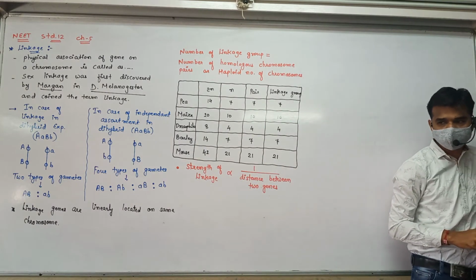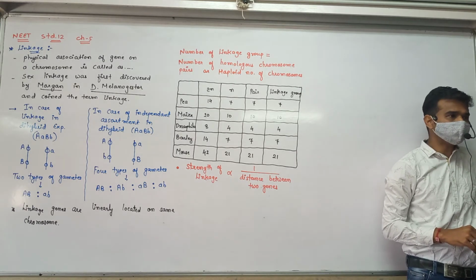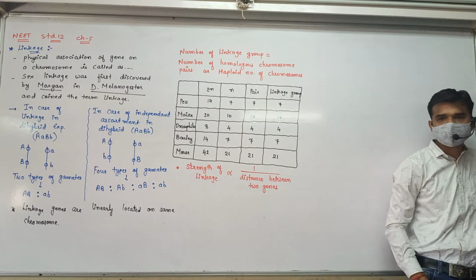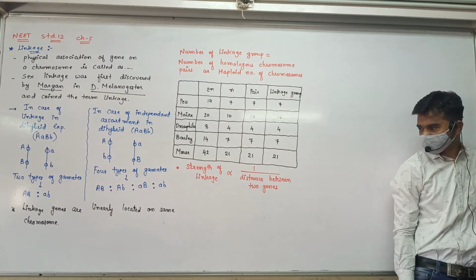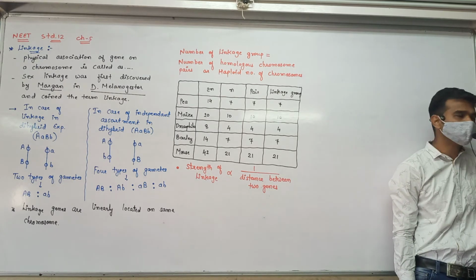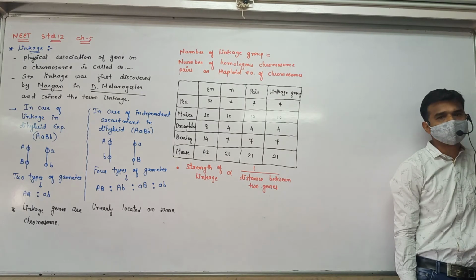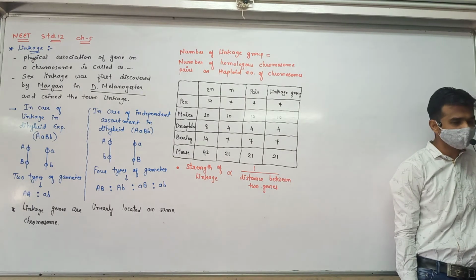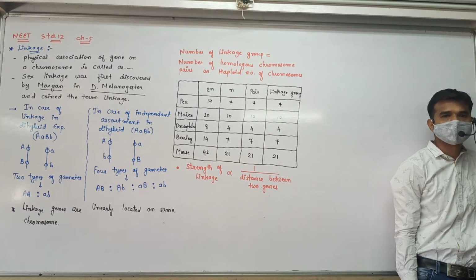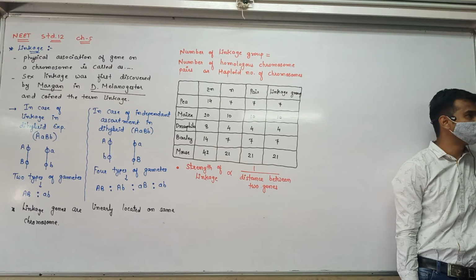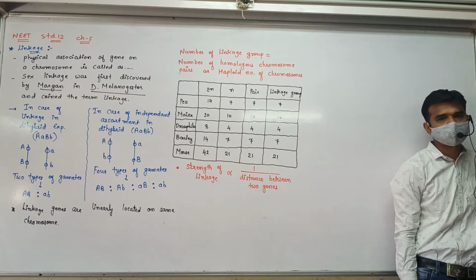I think you know this. The strength of linkage is inversely proportional to distance between the two genes. In Drosophila, in linkage and crossing over, in cross A, the distance between two genes is less.